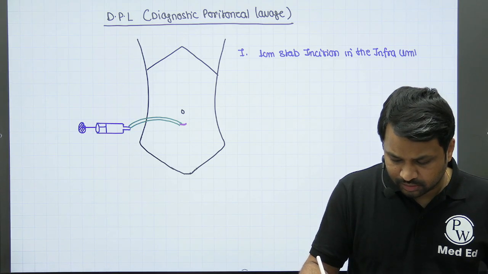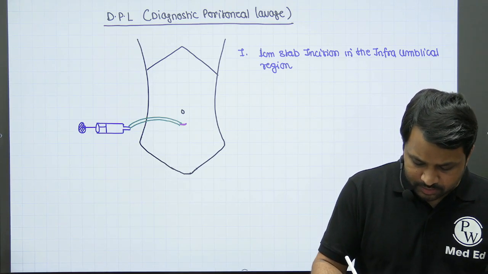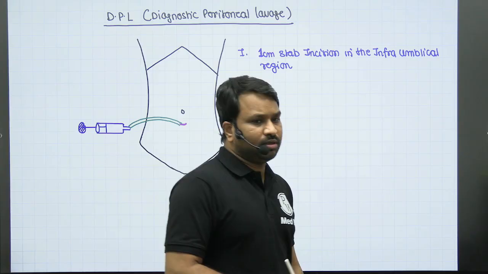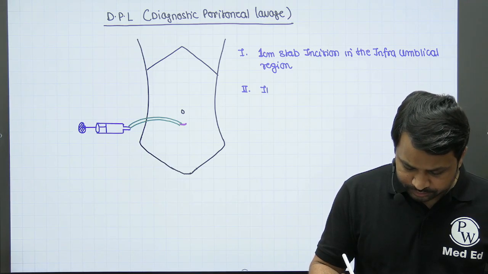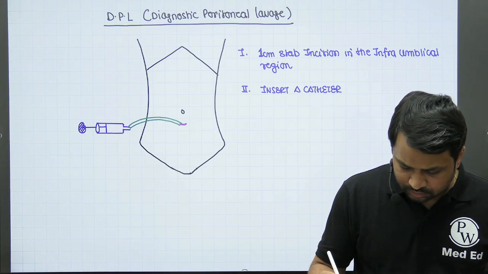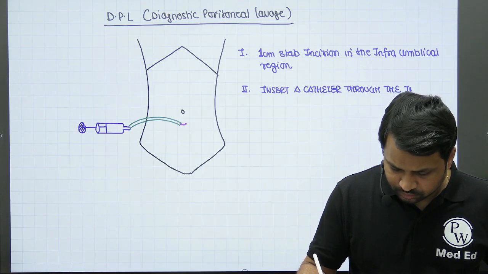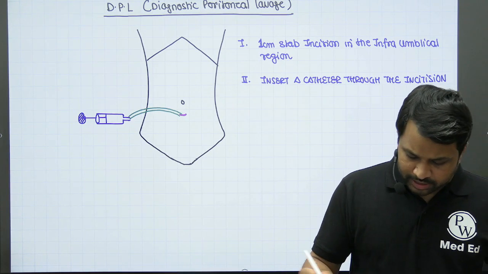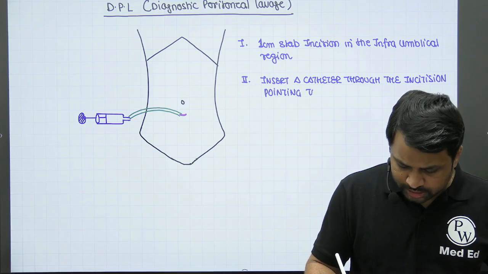Step 2, you have to insert a catheter through the incision, pointing towards the pelvis.